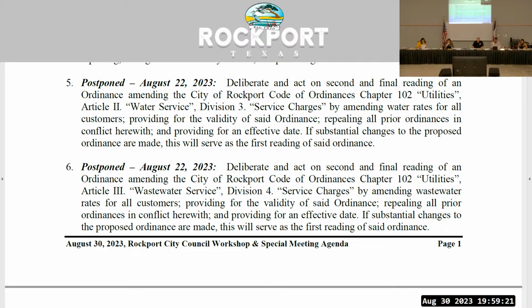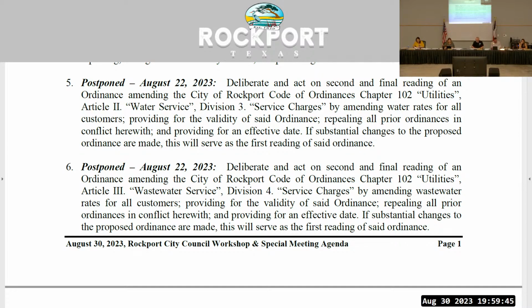If substantial changes to the proposed ordinance are made, this will serve as the first reading of that ordinance. Okay, just as before, this will serve as the first reading. Again, we plugged in the combo rate that we discussed in the work session, and your second reading will be scheduled for the 5th for both of these.